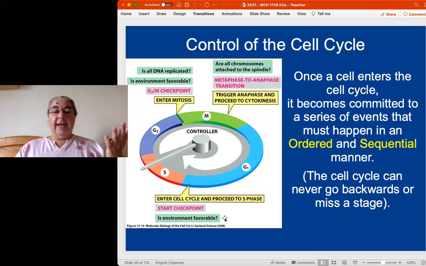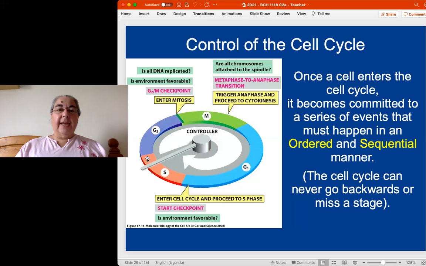Should the cell divide to use more food source? So start checkpoint, is the environment favorable? So here is the S phase, the synthesis phase where DNA is being synthesized.